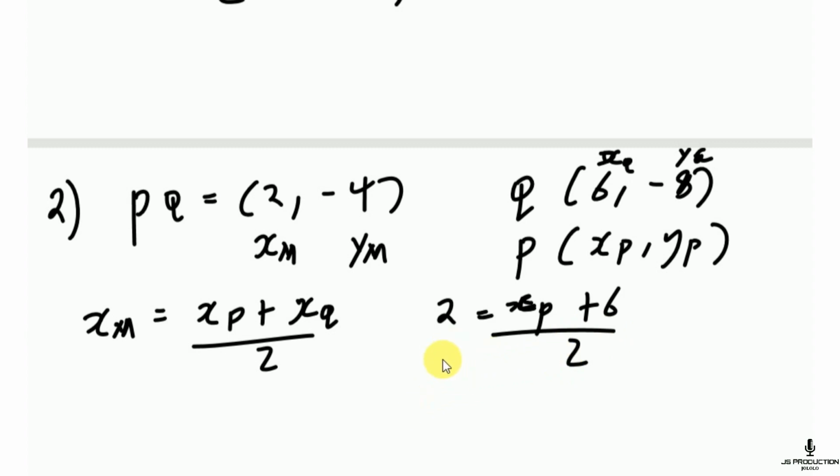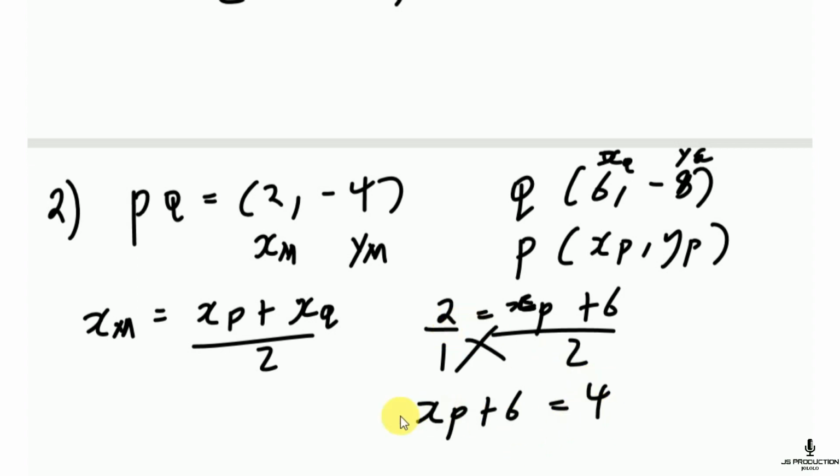Then from this we say over 1, we cross multiply, so xp plus 6 is equal to 2 multiplied by 2, that's 4.